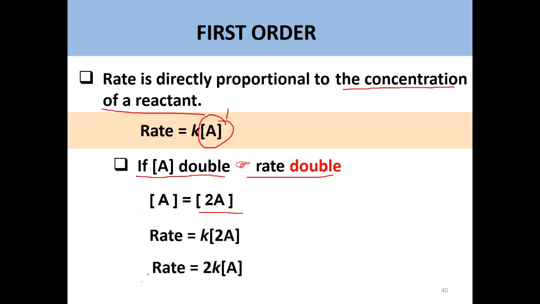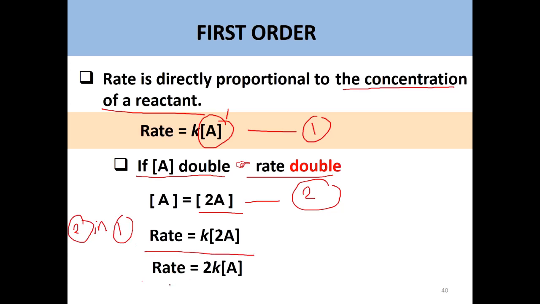Now your A, this one is equation number 1. When the A is 2A, this one is number 2. Then you substitute 2 in 1, and finally you get rate is equal to 2kA.